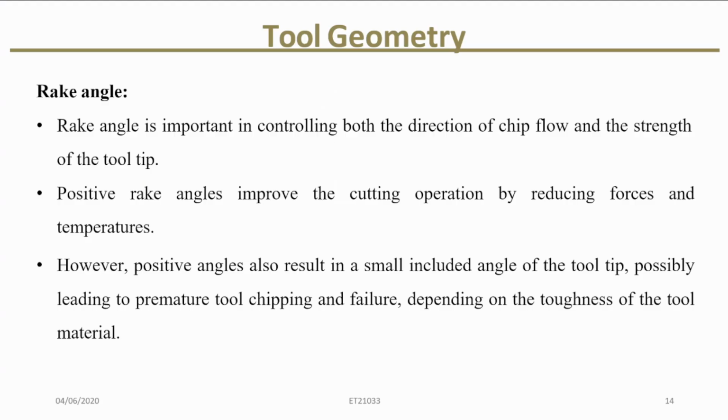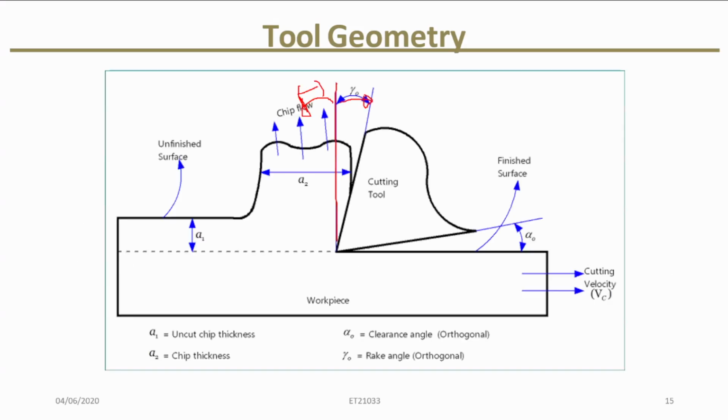So when we consider the positive and negative rake angles, the positive rake slices easier and has a lower cutting force, lower temperature and a nice chip shape.